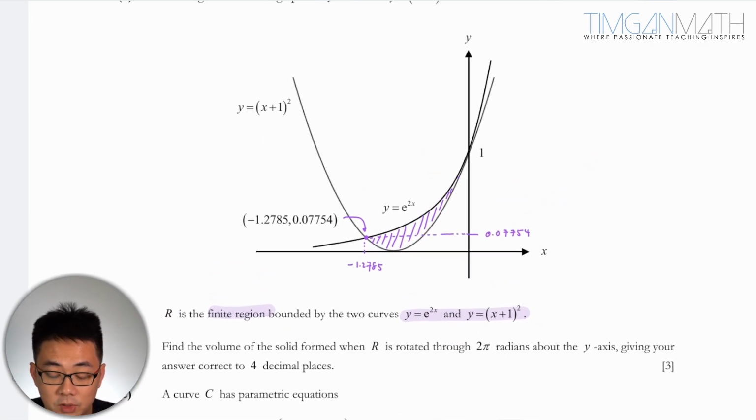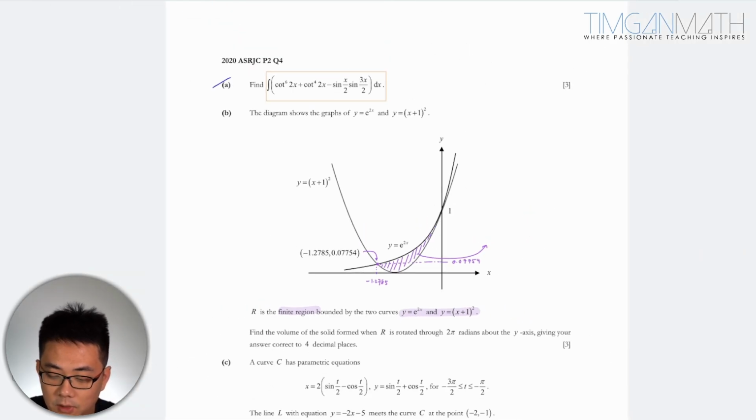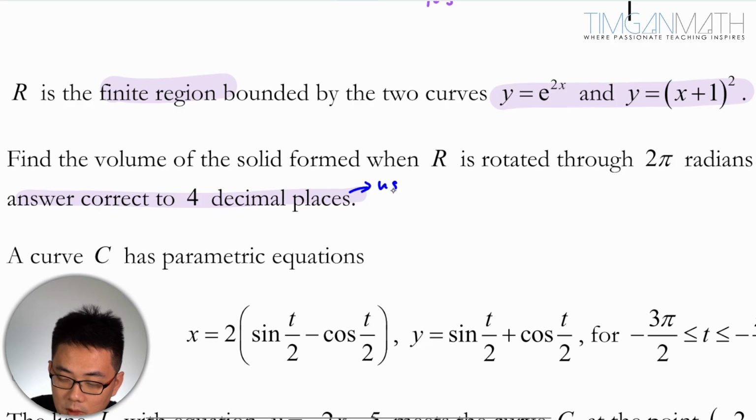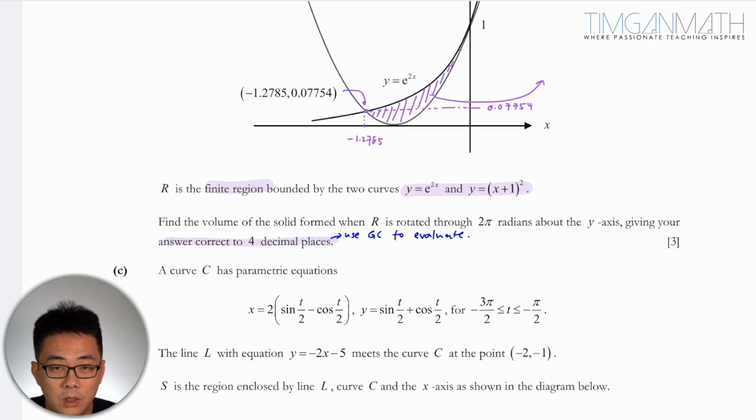Now find the volume of a solid when R is rotated 2 pi around the y-axis, so it just revolves around this area here, giving an answer correct to 4 decimal places. So if this is 4 decimal places, please take note, just use GC to evaluate. Okay, don't really need to go through because it's 3 marks only, so you don't need to do integration there.